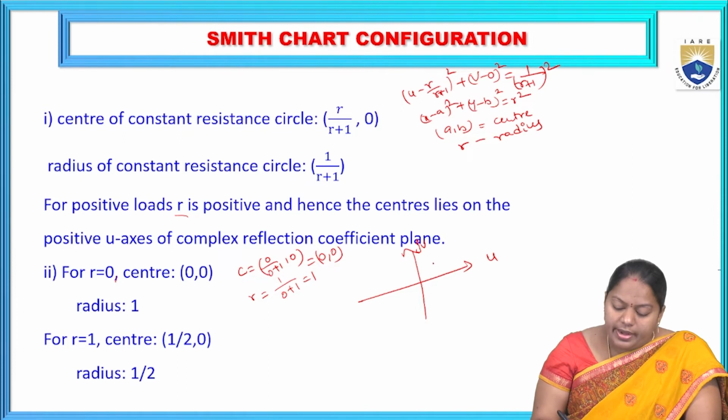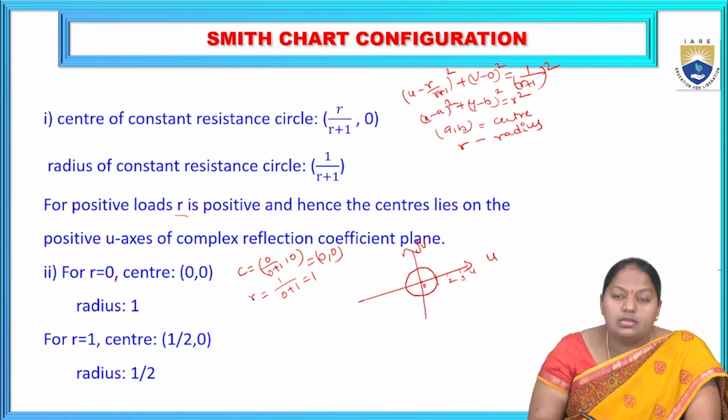Okay, so with the radius 1, the values 0, 1, 2, 3, 4 like that are represented on this u-axis. With the radius 1, from 0 to 1, we'll be drawing one circle like this. This is called the unit circle with radius 1.